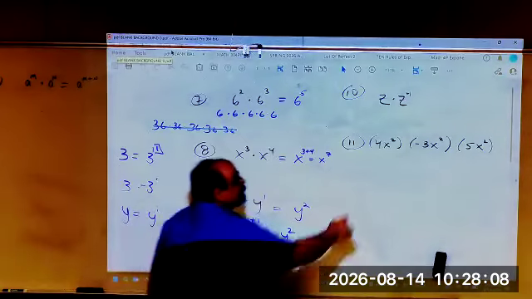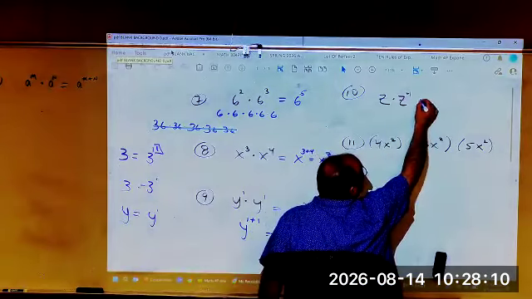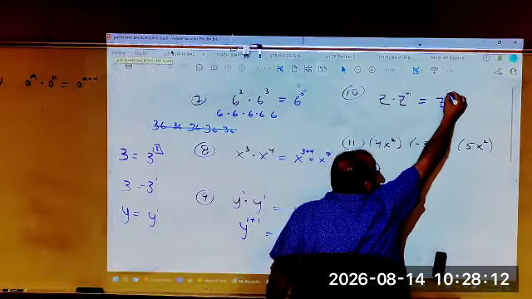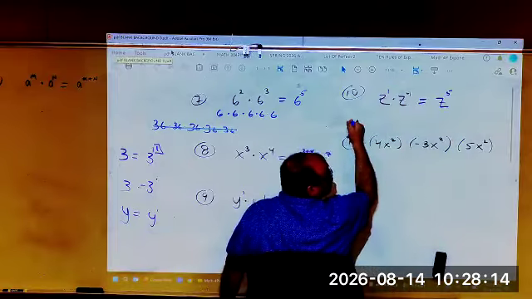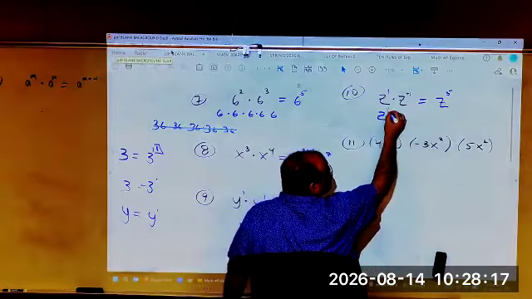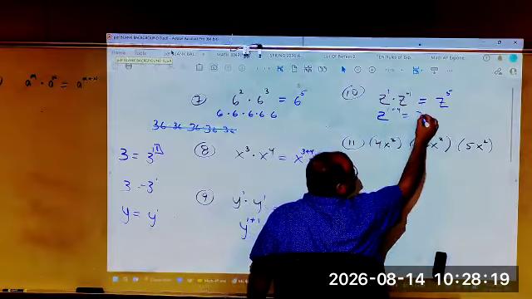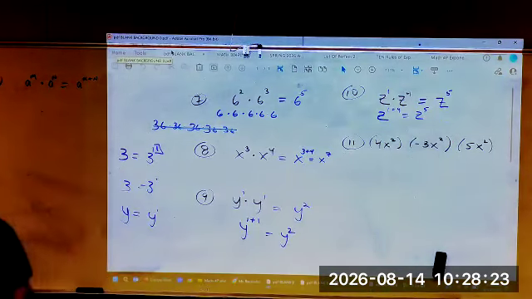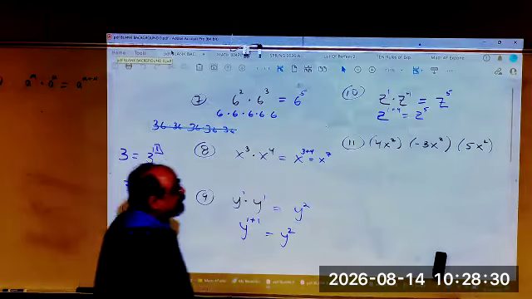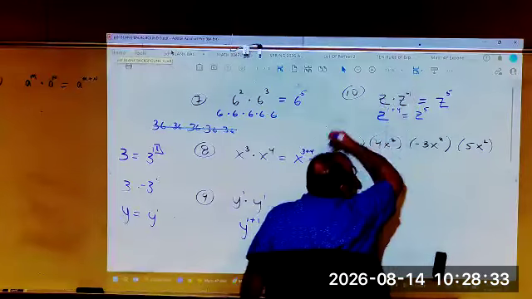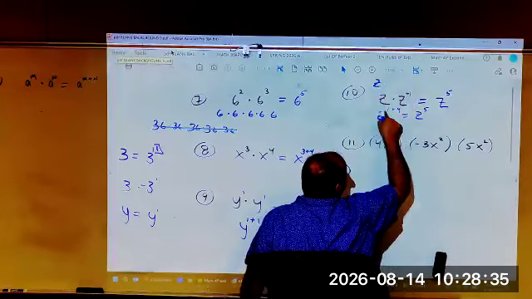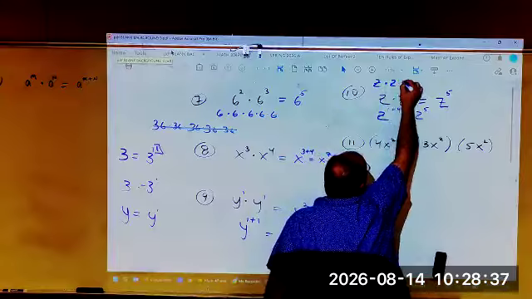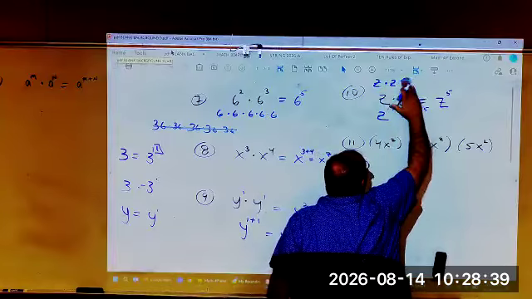So over here, z times z to the fourth is z to the fifth, because there's a 1 right there. So that's z to the 1 plus 4, and that's how we get z to the fifth power. These rules of exponents are going to save you the trouble of writing it all out. If you did this without the rules, you would go, all right, there's a z, and then I have 4 more of them.